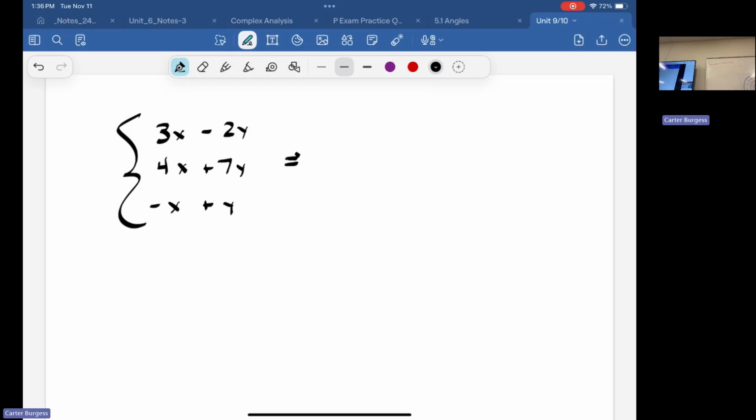We could write this as a matrix using just the coefficients for x and y. So this as a matrix would be 3 and then negative 2. It would be 4 and then 7, negative 1, and then 1. Again, there's a lot more to say here about vectors and so on. Not going to get into it. Not too much.